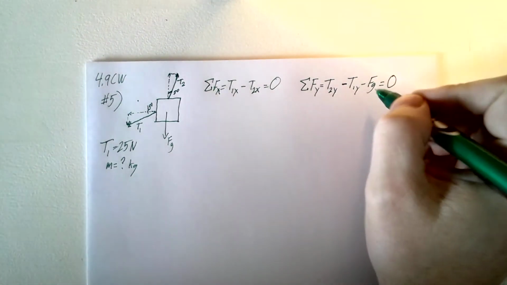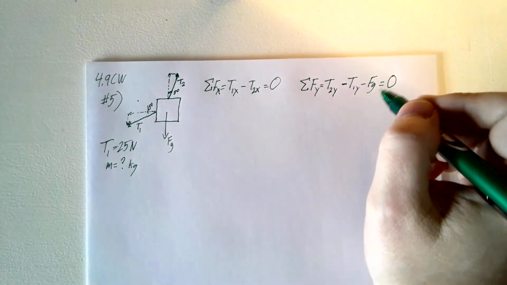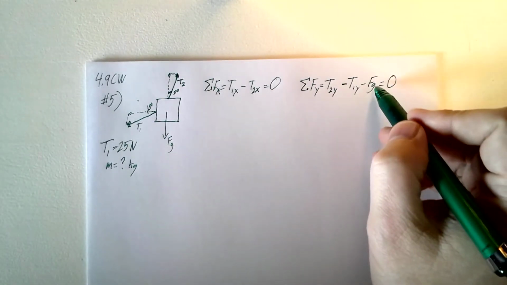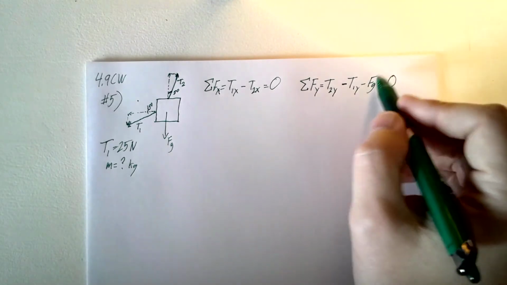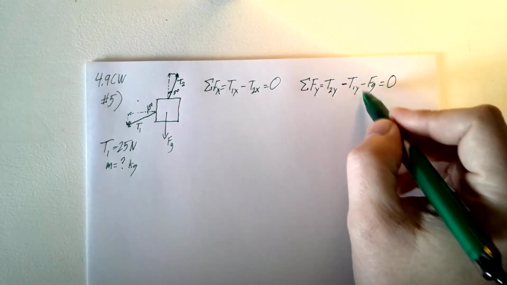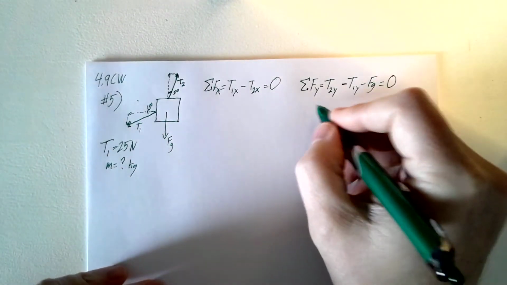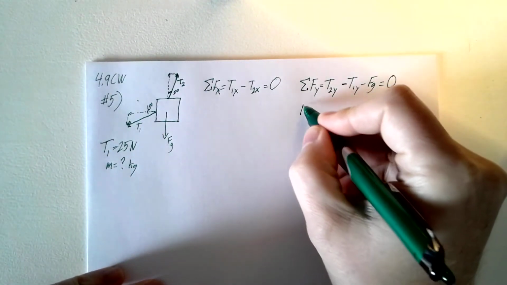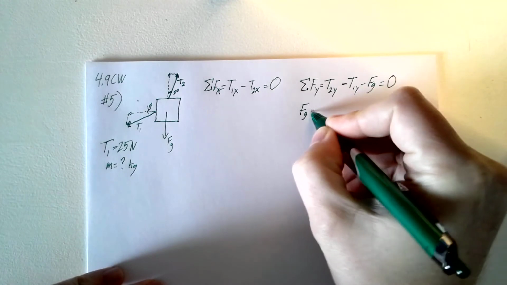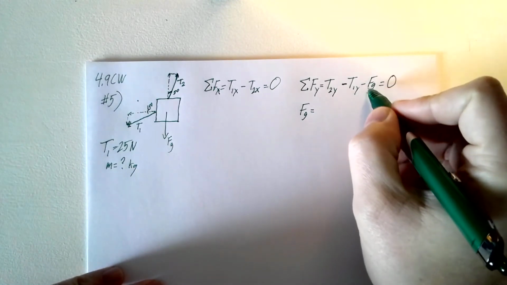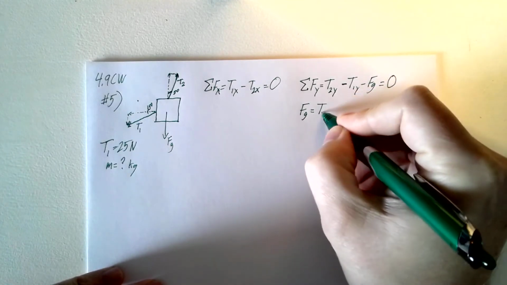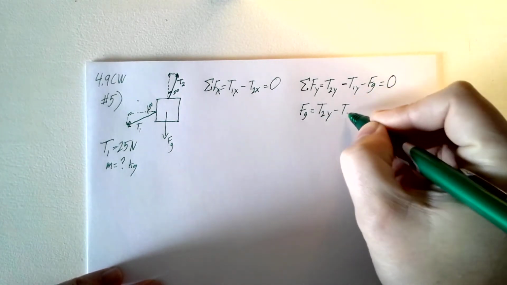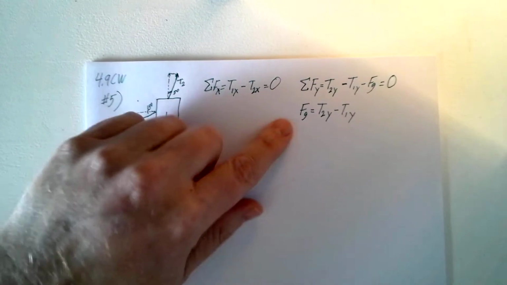Alright. We are looking for mass, which exists inside this here. Okay, so we want to separate FG and then separate M. So I'm going to rewrite this. FG equals, we're moving this over, so this will stay the same. So T2y minus T1y.